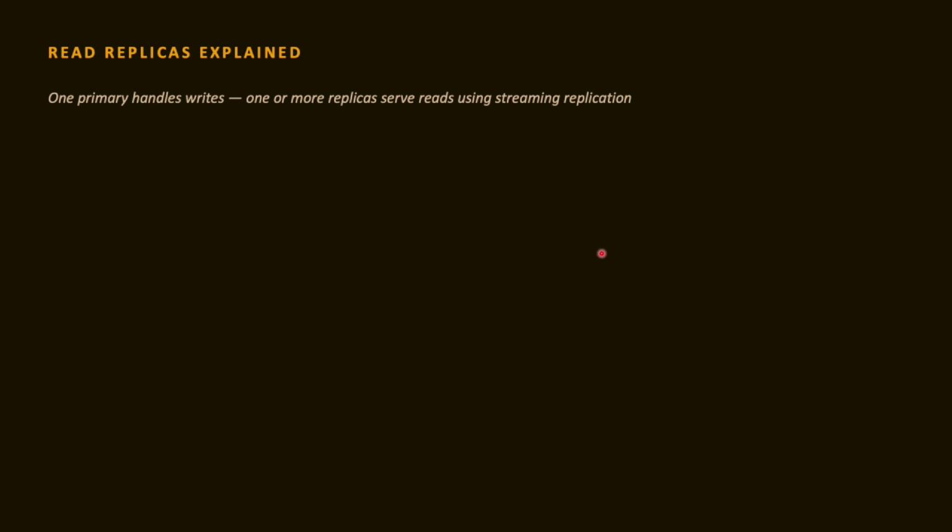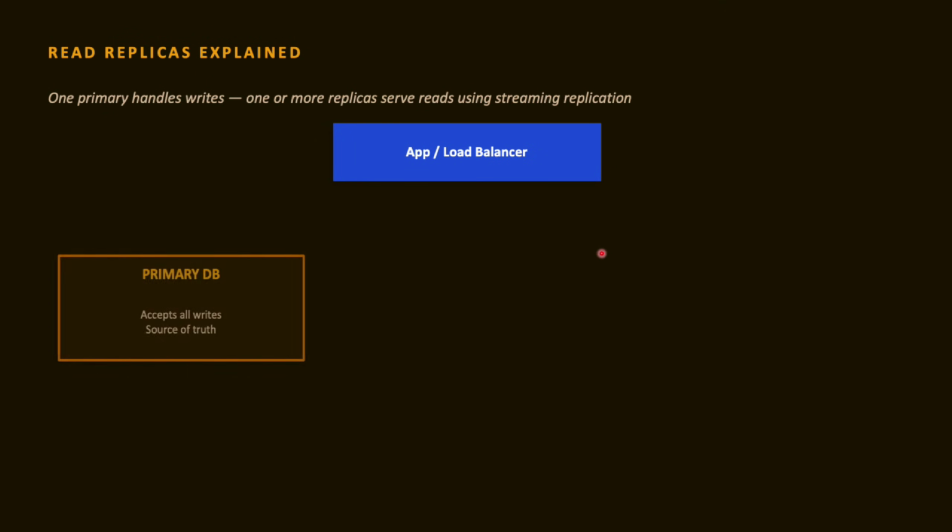Here's how read replicas work. You have one primary database that accepts all writes, and it is the source of truth. Each insert, update, and delete operation goes to this primary database. When any such operation happens, the primary database records it in its WAL file.